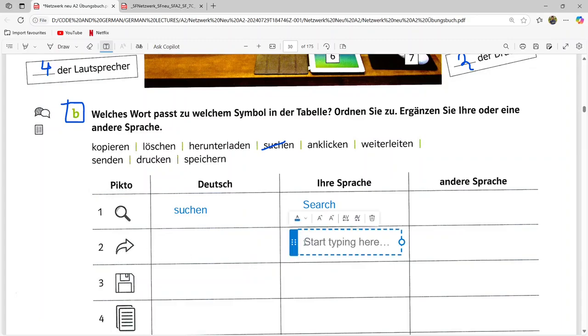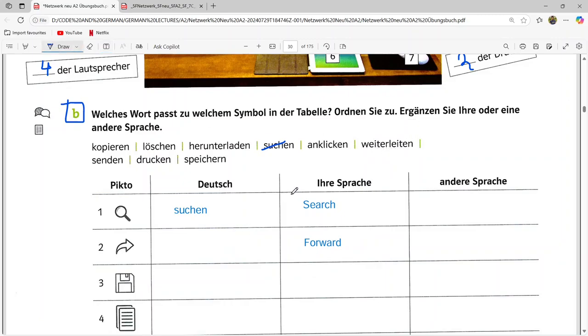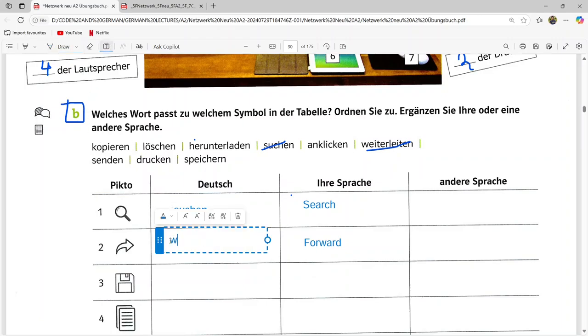So in English we say forward, and in German it is weiterleiten. So let's write here.